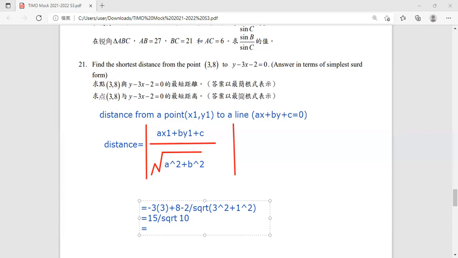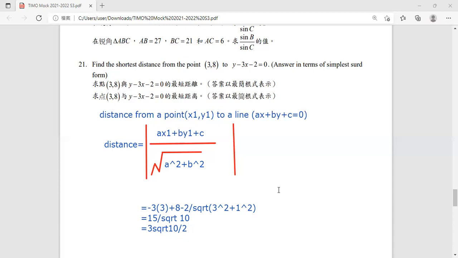You got 3 over 2, 3 square root 10 over 2. Yes, positive. That's it.